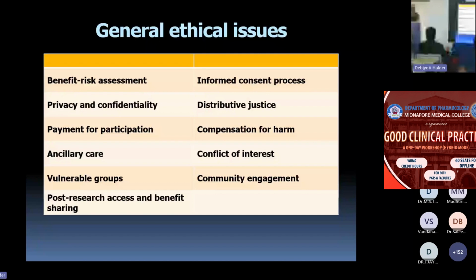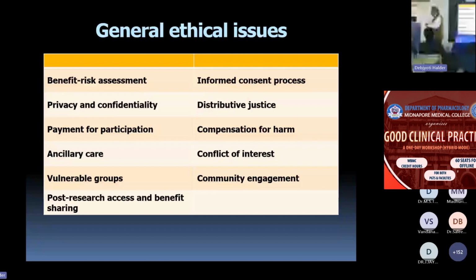Now, what do you mean by vulnerable groups in research? Okay. Pregnant mother, lactating mother, children, specially abled or differently abled.